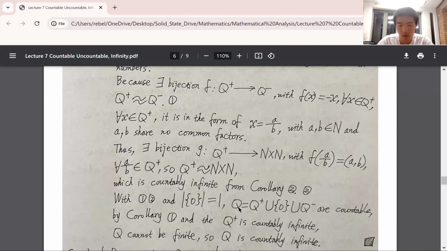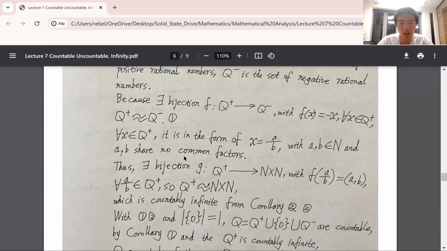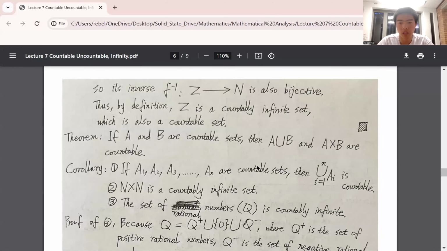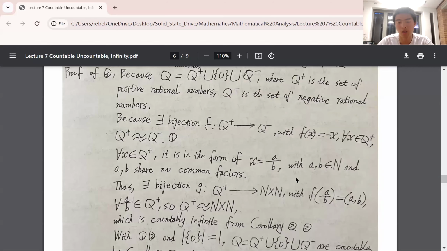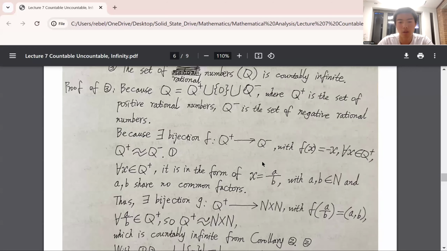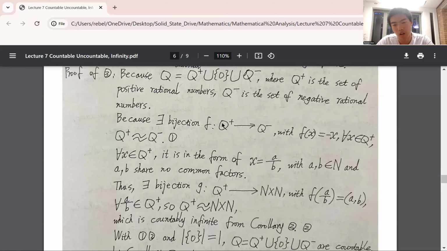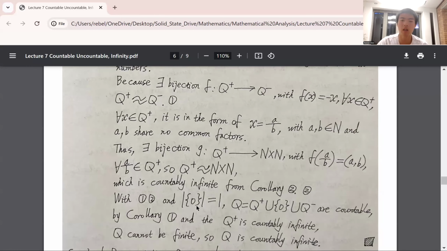Then we can also use corollary 1 here: the union of finitely many countably infinite sets is also countable. Q plus has the same cardinality as Q minus, which means Q minus, the negative rationals, is also countably infinite. And the cardinality of the zero set is 1, so it is also countable.